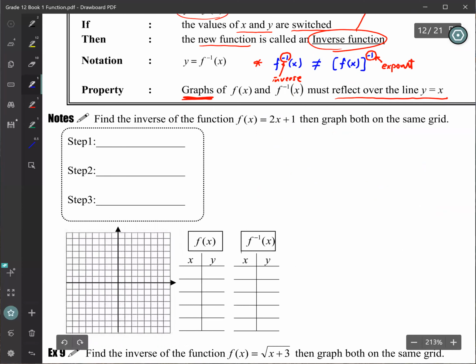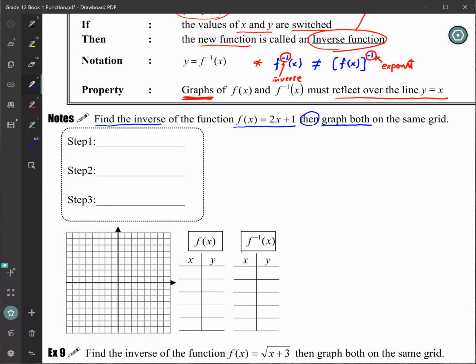So find the inverse, this is our goal. Find the inverse of the function f of x equal to x plus 1. So this is the original, right? It takes one value and then moves it to the other one. And then we're gonna graph both of them and see how they reflect to each other. So let's start with graphing the original one. We'll use some negative numbers as inputs.